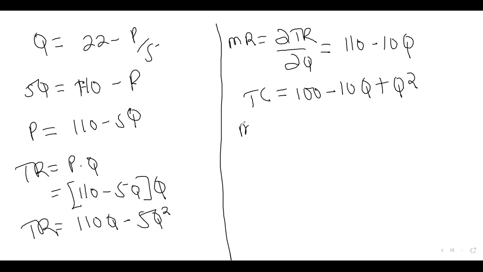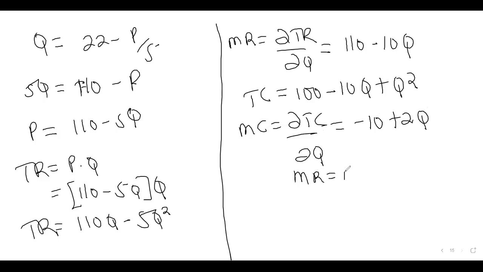So marginal cost is the change in total cost over the change in quantity, and we get minus 10 plus 2Q. At the point where marginal cost is equal to marginal revenue, MR equals MC.